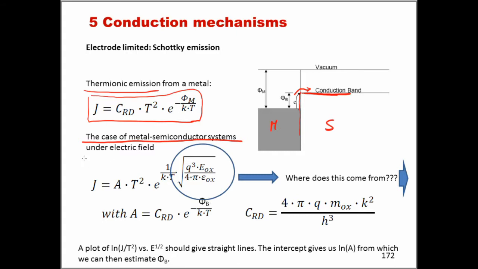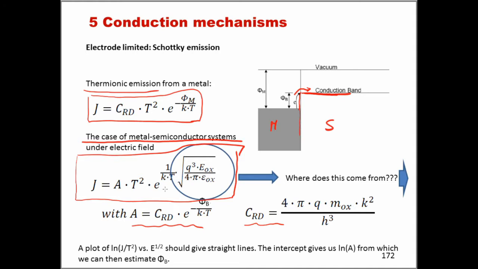So this would give rise to some current passing through this metal semiconductor device, and the relation describing the current as a function of temperature and electric field is this one here. Remember, A is this constant down here, a constant that is this number here.